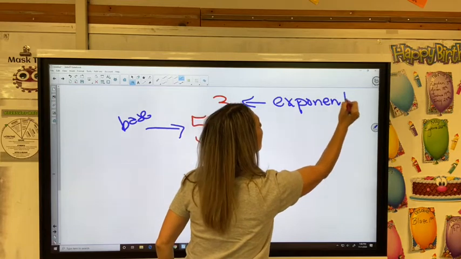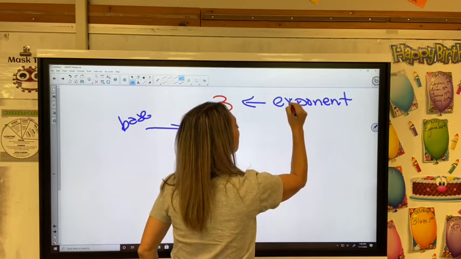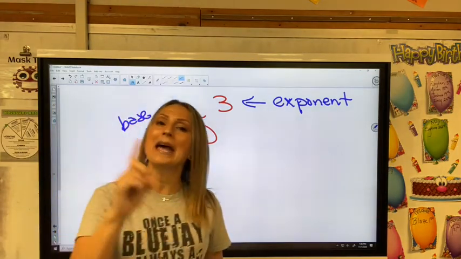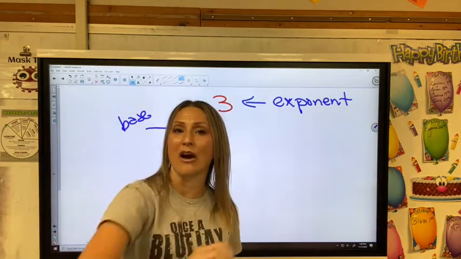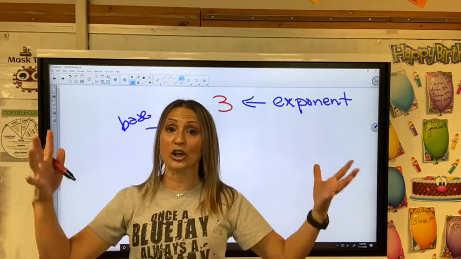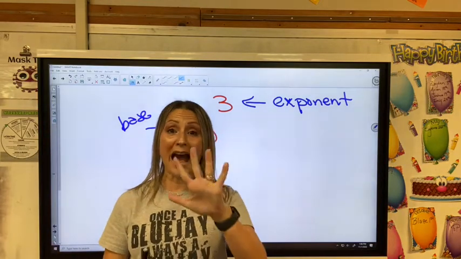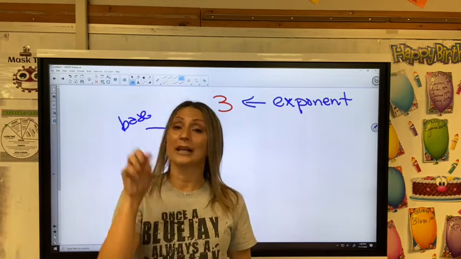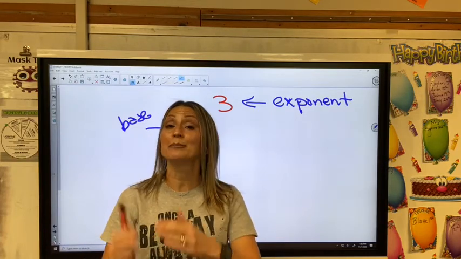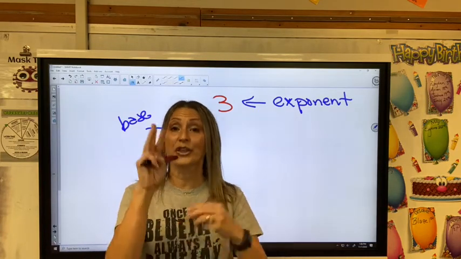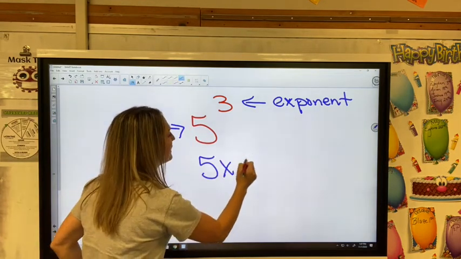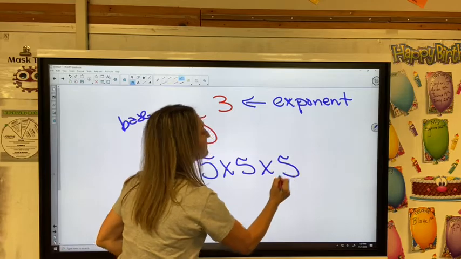It just tells us how many times we're going to take that base and multiply it by itself. That's where the power of comes from. 5 has the power of 3, multiplying itself 3 times. So this really states that this is 5 times 5 times 5.